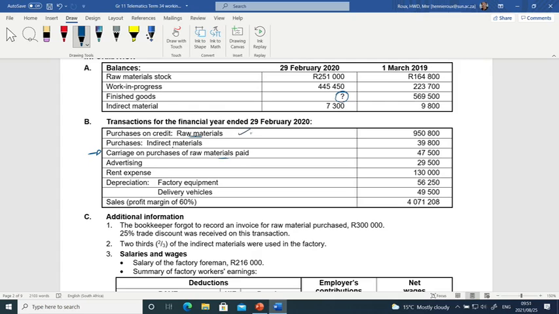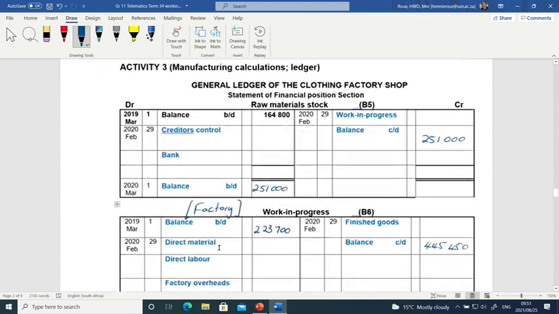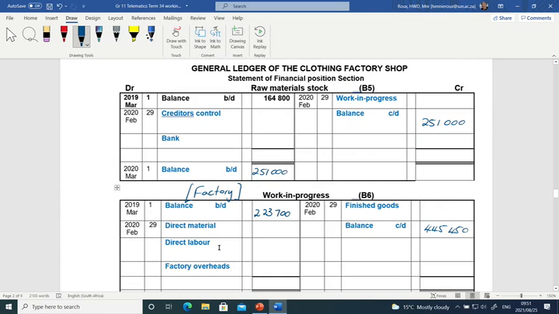So those two will be used in the raw materials stock account. Creditors, 950,880. Carriage on purchases, paid 47,500.